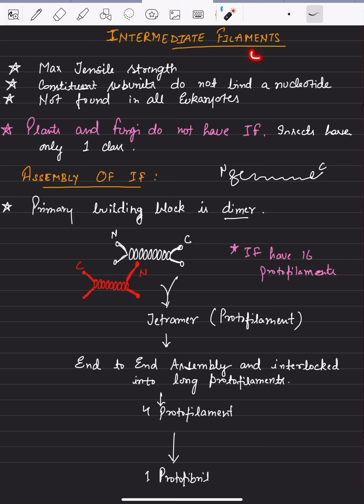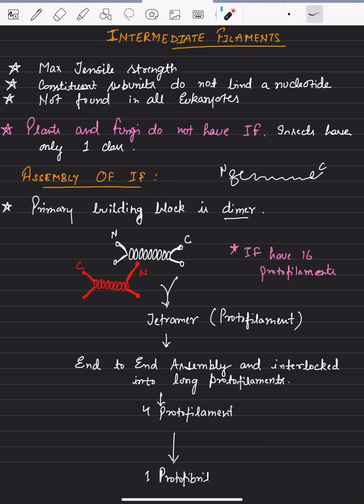And if we talk of in which type of tissues intermediate filaments are more in number, let me tell you, in those tissues that have a protective function. Most of the time epithelial cells, they just protect against the distortion of the epithelial cell.